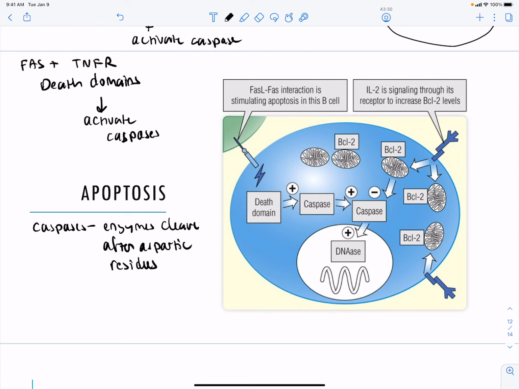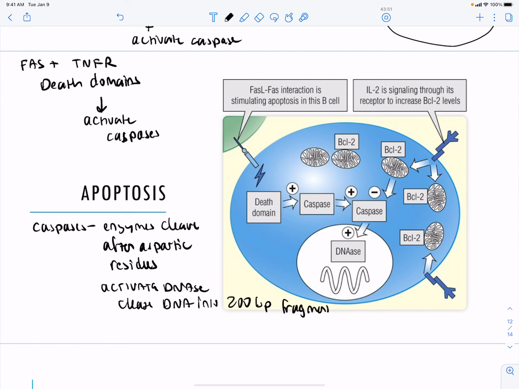They activate the DNase that cleaves the DNA into 200 base pair fragments. They disrupt the mitochondria and make it leaky.